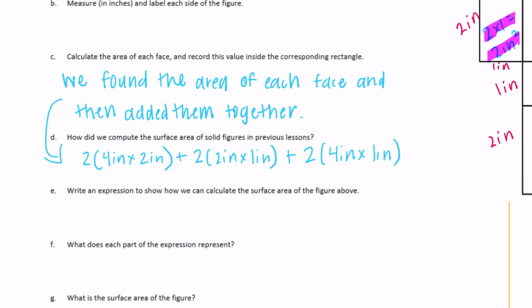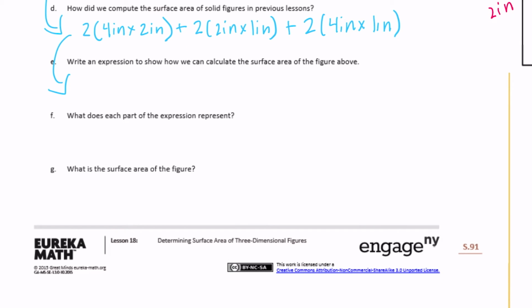If you wanted, you could also just write 4 inches times 2 inches plus 4 inches times 2 inches, and then 2 groups of the 2 inches by 1 inch, and write it all out and you would have 6 different things that you're adding together. I just condensed it, but either one would work. And again, I wrote it in the wrong spot, so that should be under E.